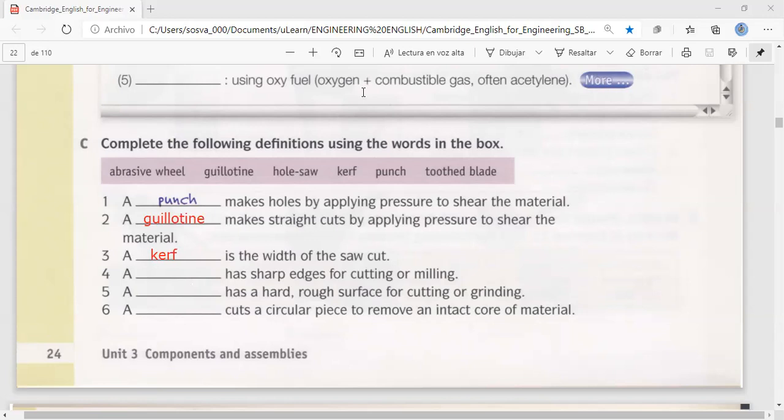The next is number 4. It has sharp edges for cutting or milling.